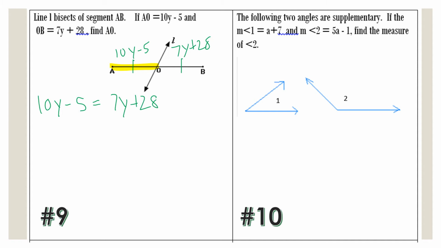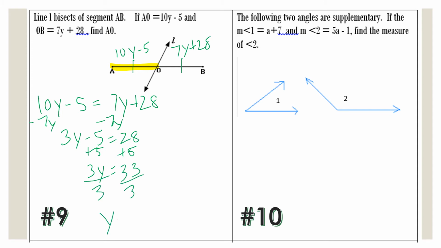So I am going to subtract 7y from both sides. I get 3y minus 5 equals 28. And I'm going to add 5 to both sides. So I have 3y equals 33. Then you'll divide by 3. So y is 11. Now you're not done yet. We need to find AO.